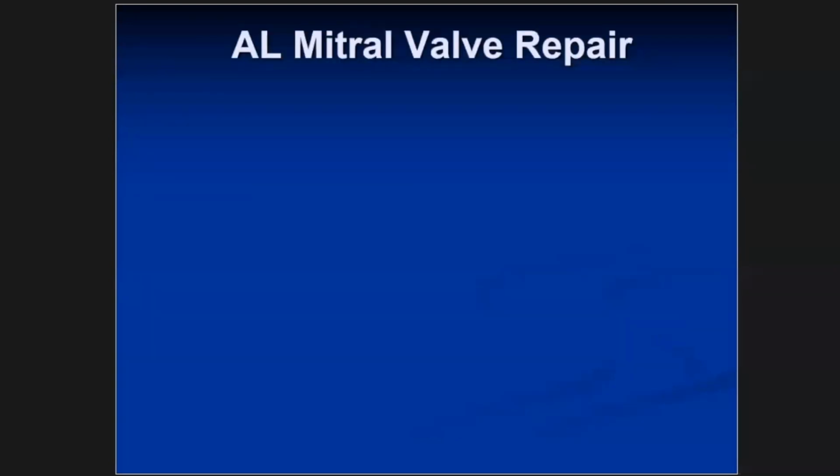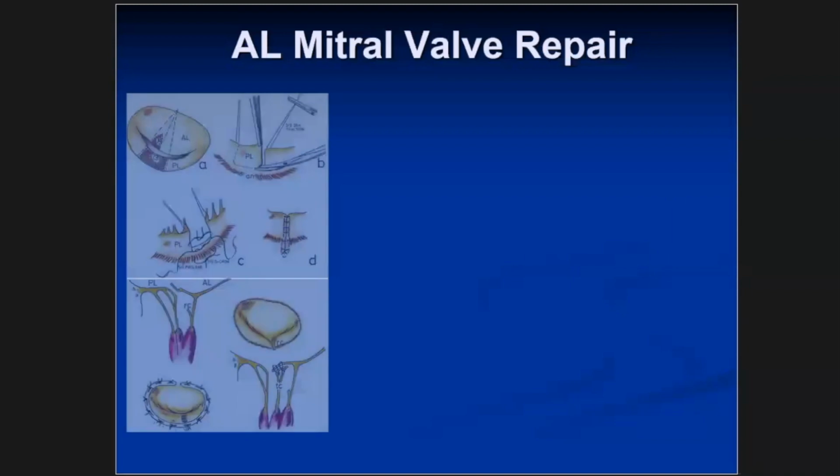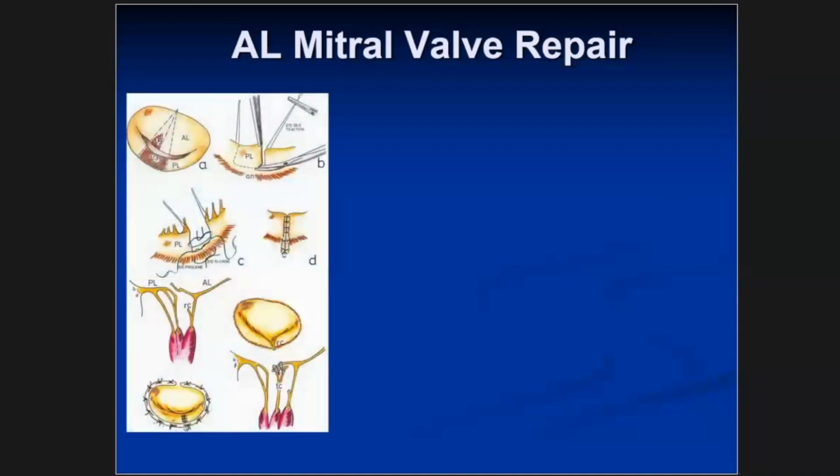The anterior leaflet repairs are much more complicated, and that was sort of the holy grail of cardiac surgical mitral repairs 15 years ago. So the initial repairs were, we understand that you can only resect a very limited part of the anterior leaflet, maybe 1/5 of the anterior leaflet. And originally, in order to replace, for example, anterior leaflet ruptured cords, you would do what's called a chordal transfer.